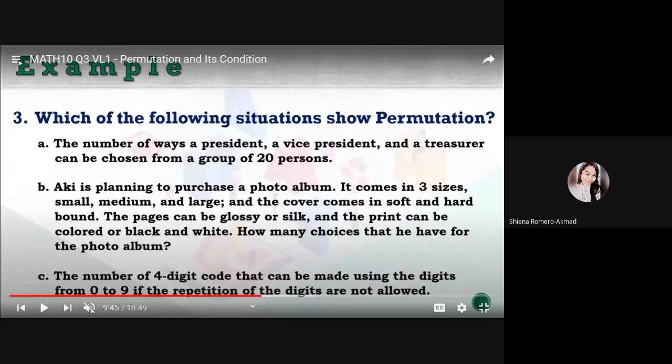So for letter A, I mean, choose one. Which one do you think it is? You can use the chat box if you want to choose. Just one letter, you're going to choose which letter.